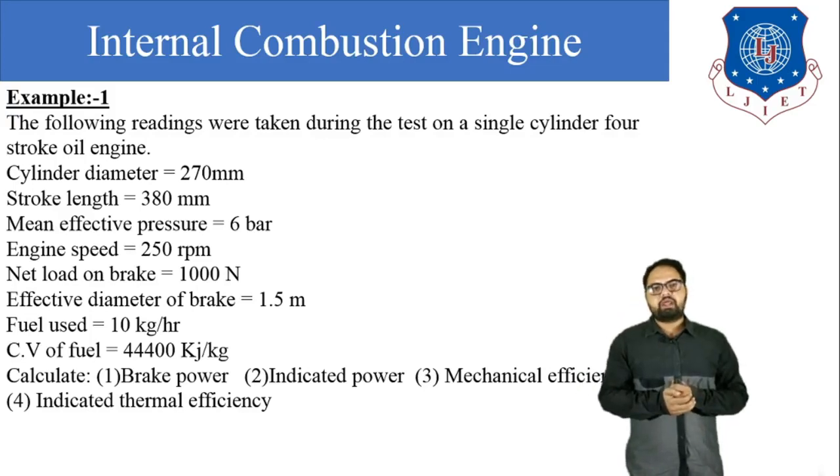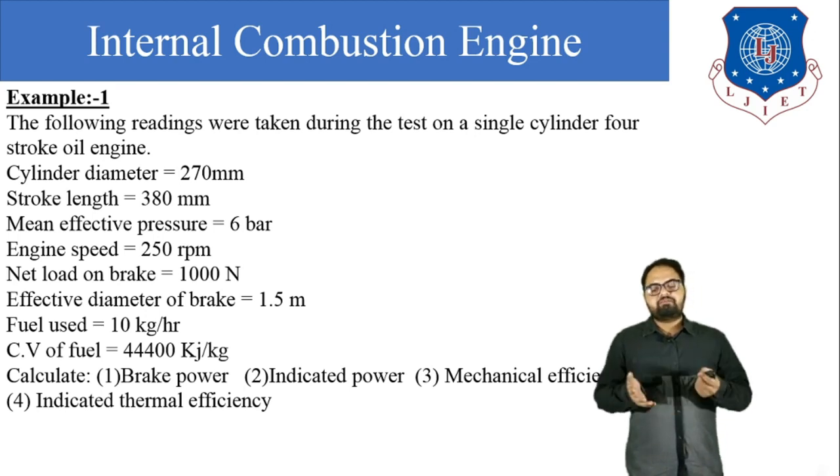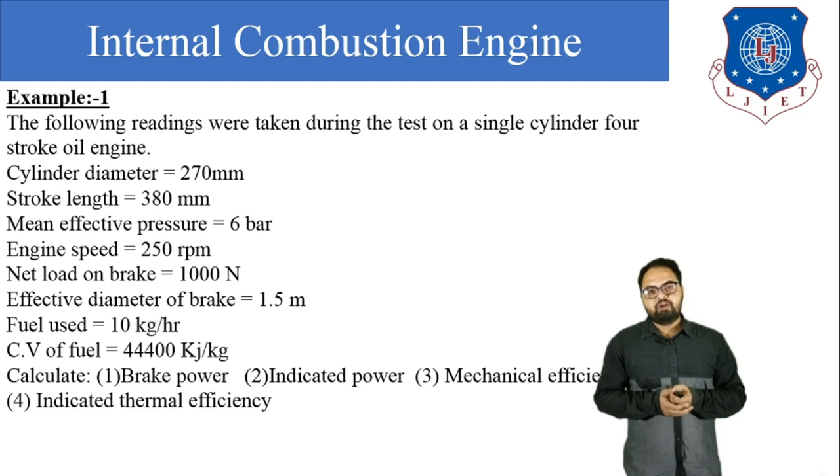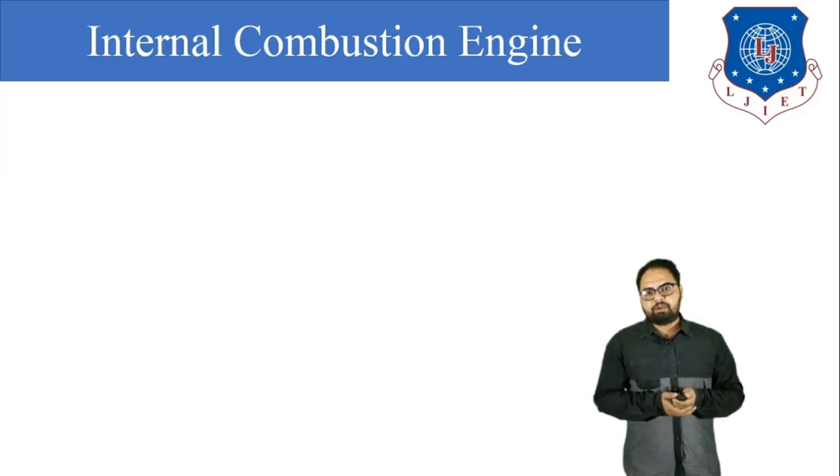Mechanical efficiency is defined as the ratio of brake power to indicated power, and indicated thermal efficiency eta IT is equal to indicated power divided by mass of fuel multiplied by calorific value of the fuel, that is eta IT equals IP divided by mf into CV. CV means calorific value. So step by step we will solve this numerical.